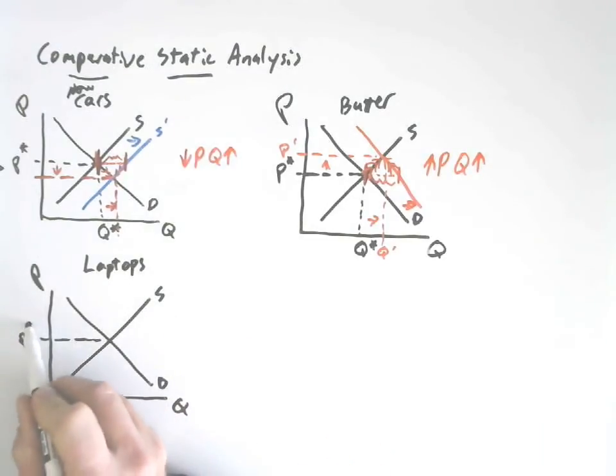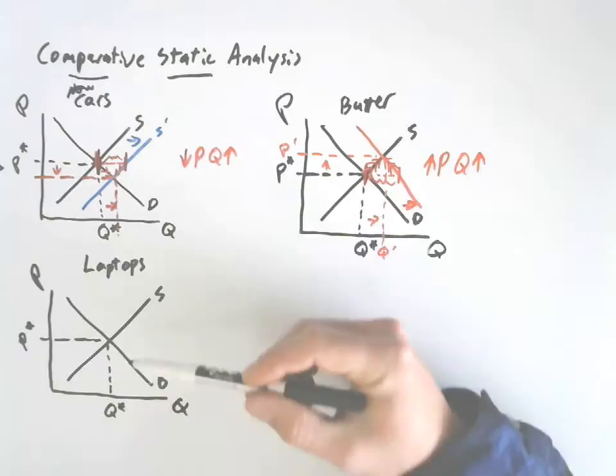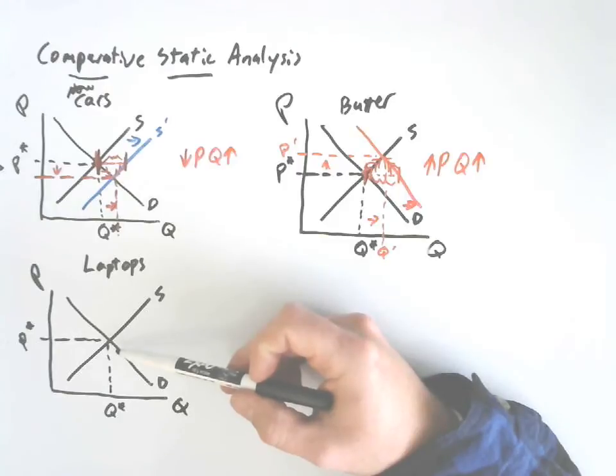And the market is originally in equilibrium, say at $1,000 per computer, and there's 2 million computers on the market. Right now, again, quantity supplied equals quantity demanded, meaning the market is efficient, okay, at that price level.